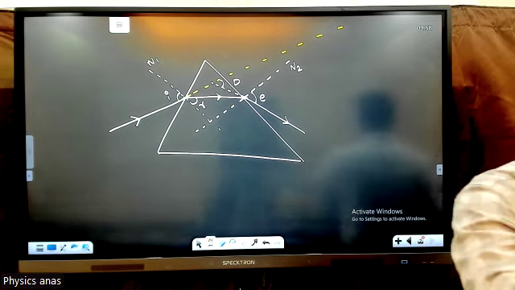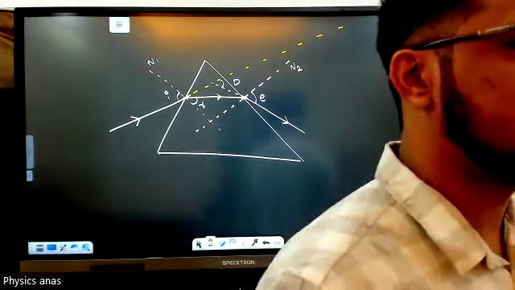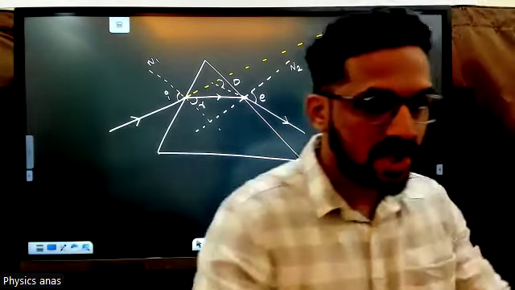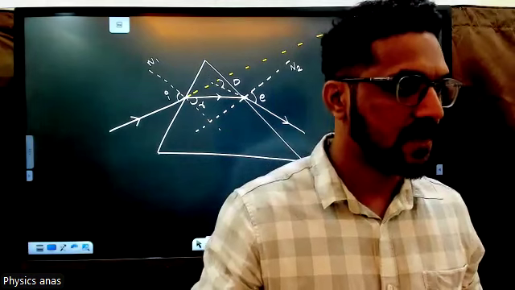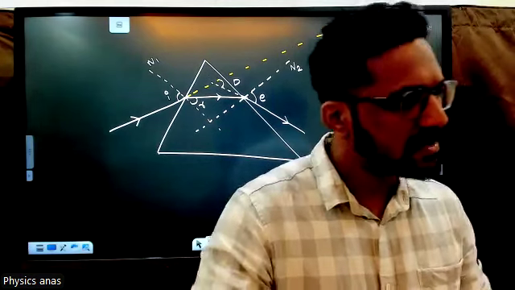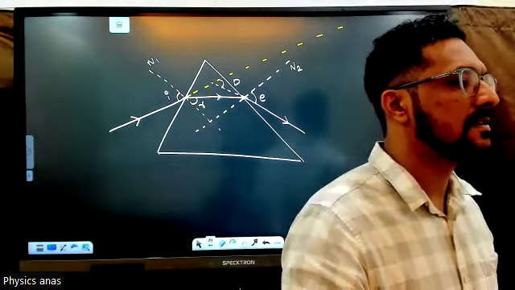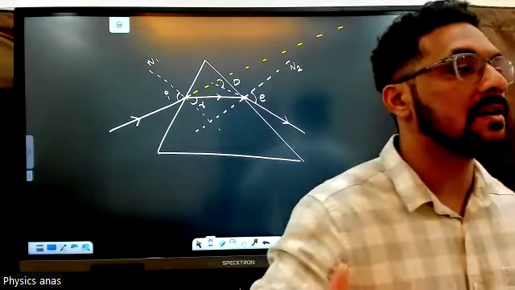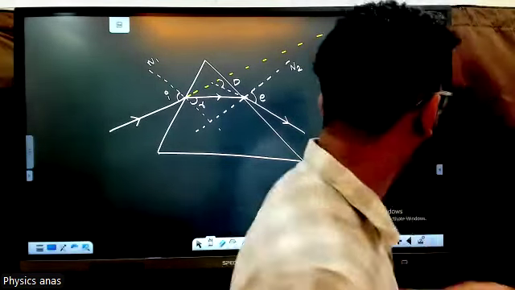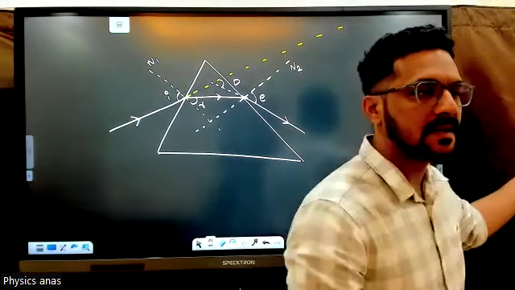Every color in the universe is in white light. Some combination or other will give you every color in the universe. That's why we can see countless, infinitely many colors in this universe. What is the color of this wall?